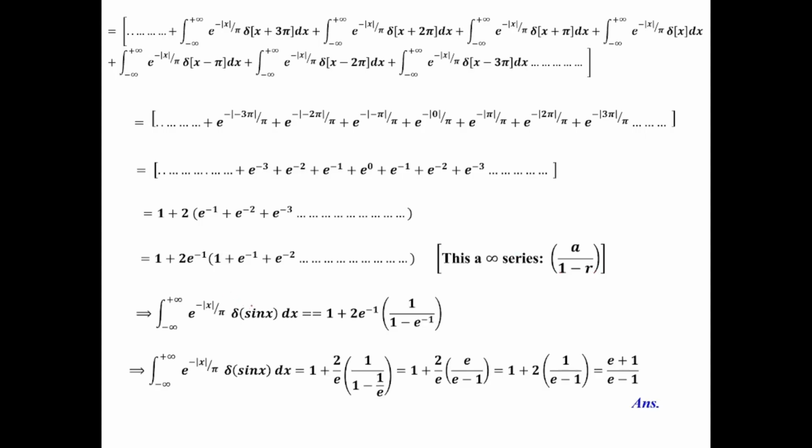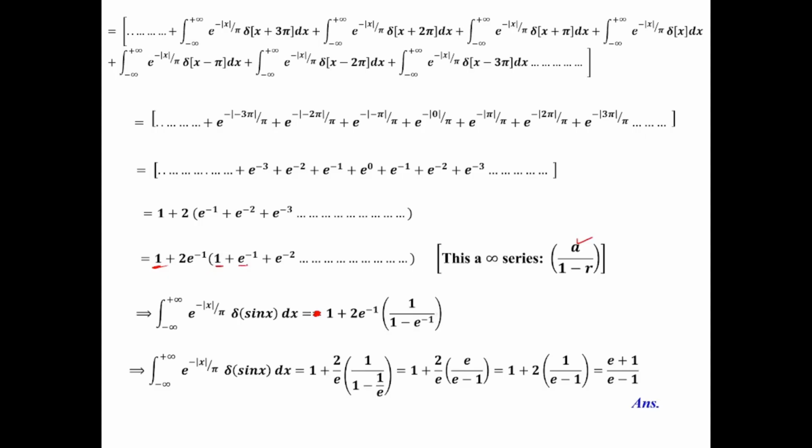So it is equal to 1 plus 2 into e to the minus 1 into, here 1 is the first term, and the ratio between the two terms is your e to the minus 1.